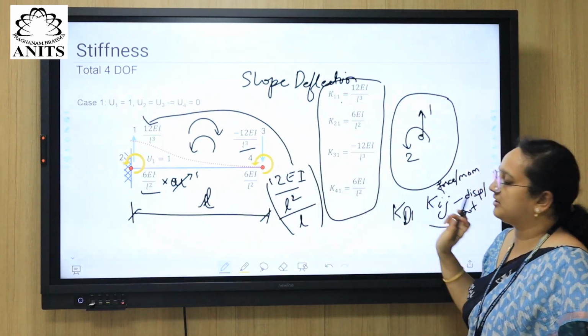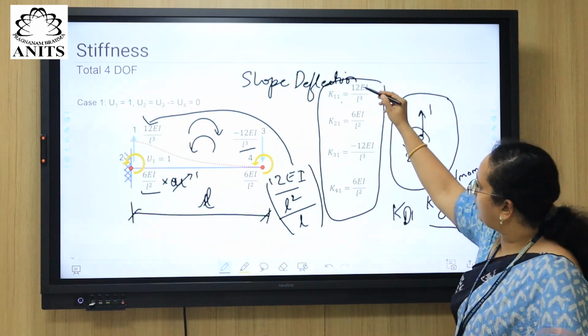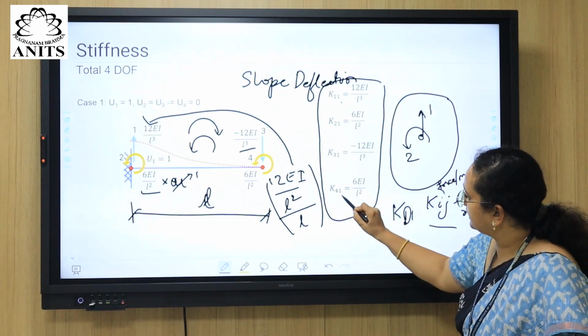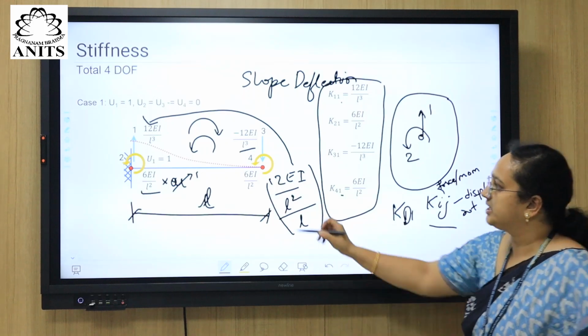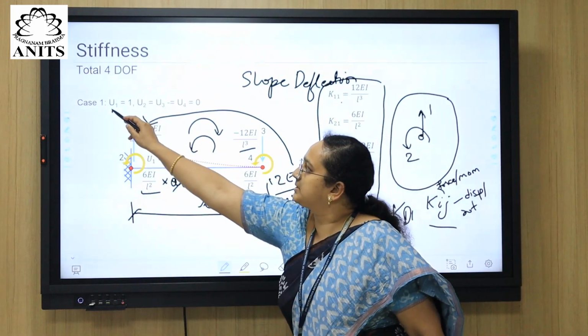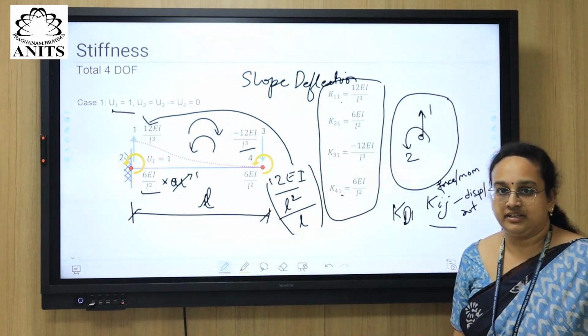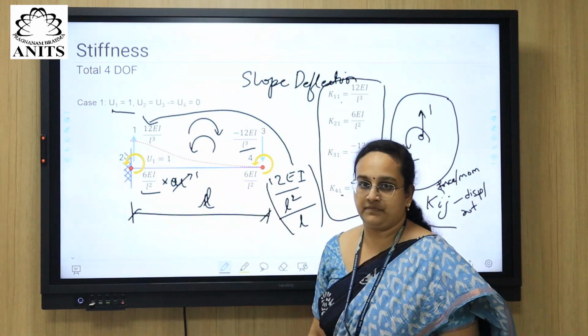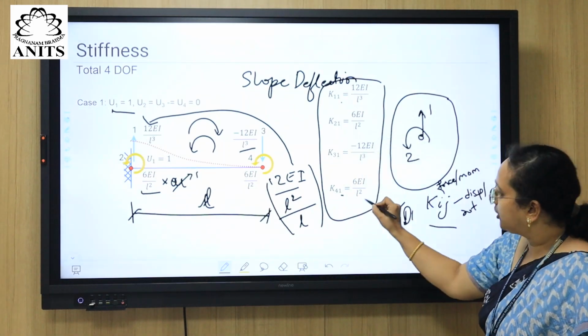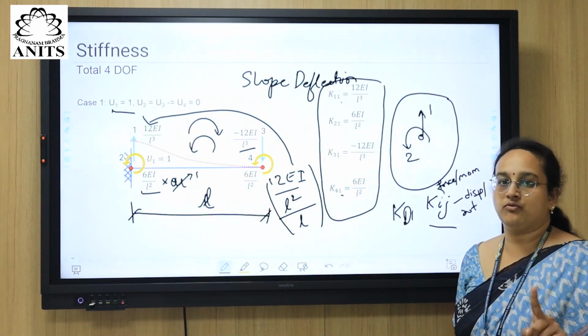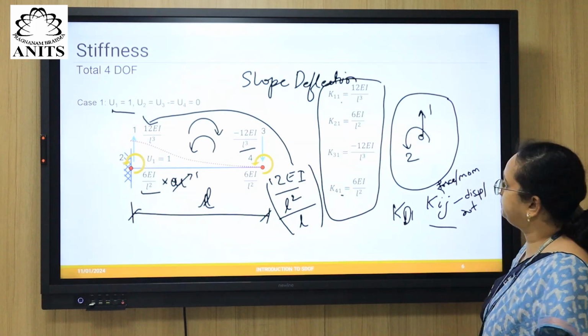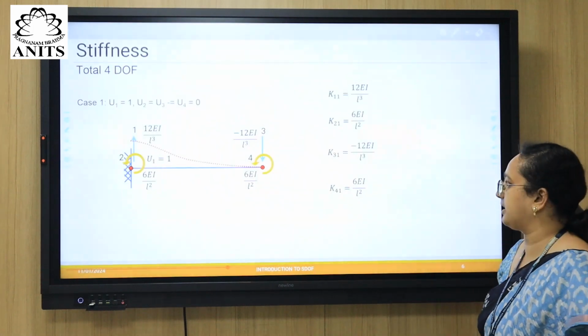The same thing that I have written here, right? So all these, you see the second subscript is 1 because we have applied the displacement only in U1, in first degrees of freedom. This is the stiffness due to displacement in U1, right? Now this will leave us the stiffness matrix.